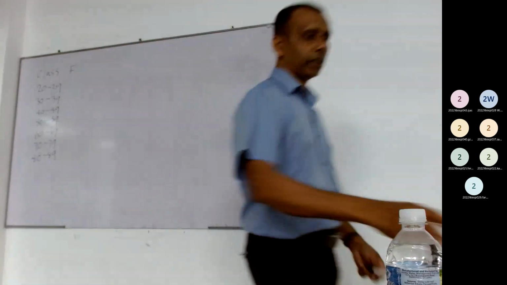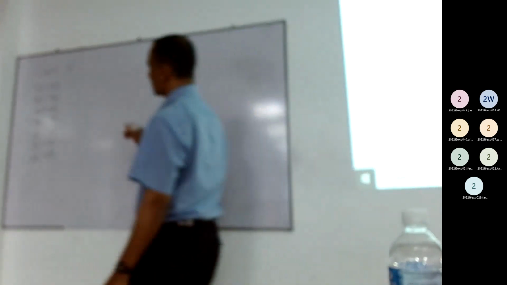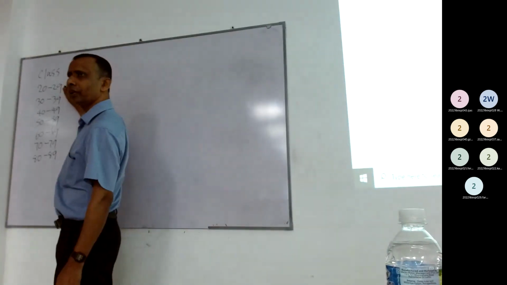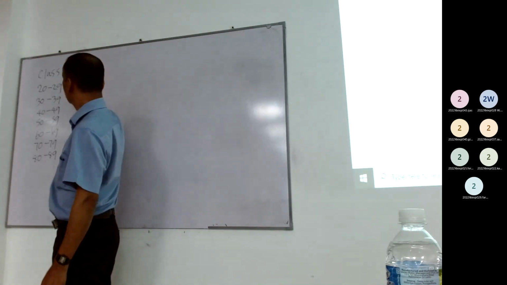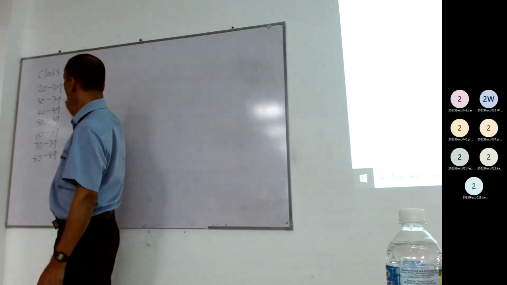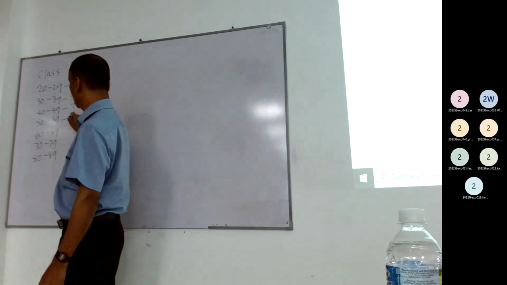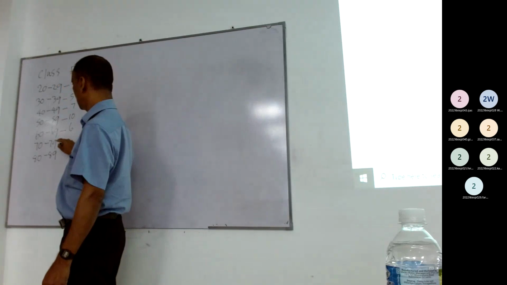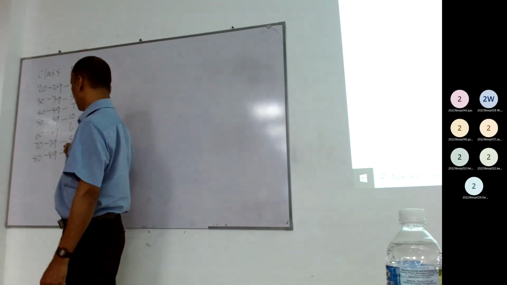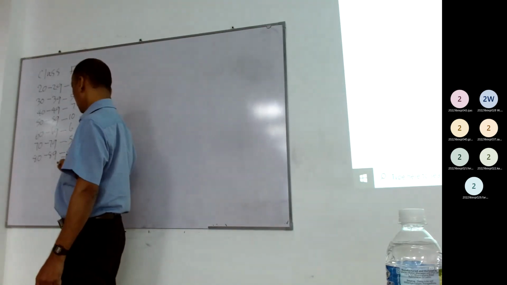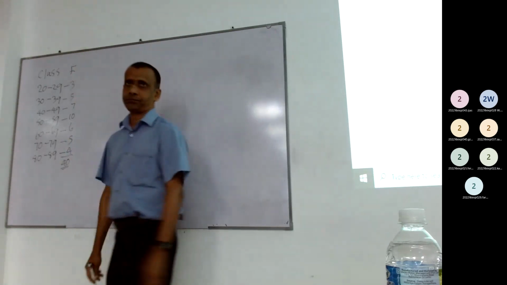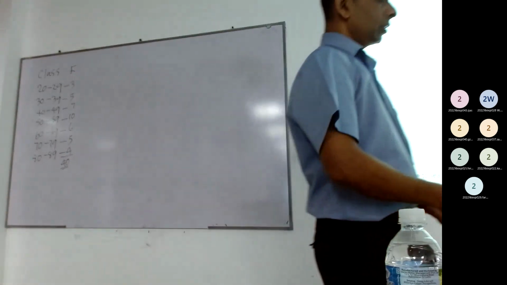For this data set, what is the frequency we obtain? First one, 3, 5, 6, 5, 4. Right, we had 40 observations, no? Right, 40.